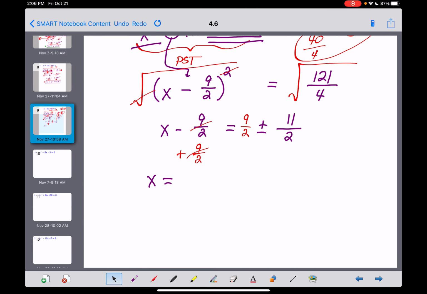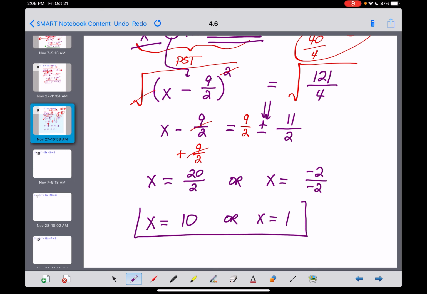All right, positive case first, everybody. 9, and I'm looking right here, plus 11 is going to be 20 over 2. Or now we worry about the negative case right here. 9 minus 11 is negative 2 over 2, and then we simplify each one of these answers. 20 divided by 2 is 10, or right over here, x equals negative 2 divided by negative 2 is positive 1.